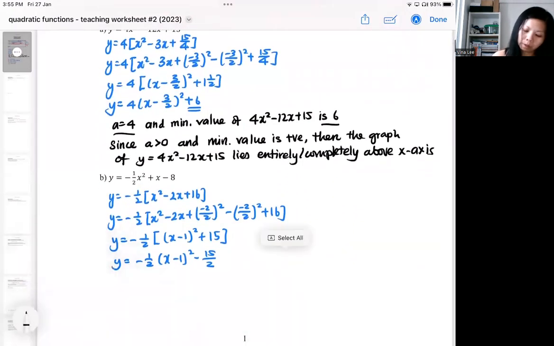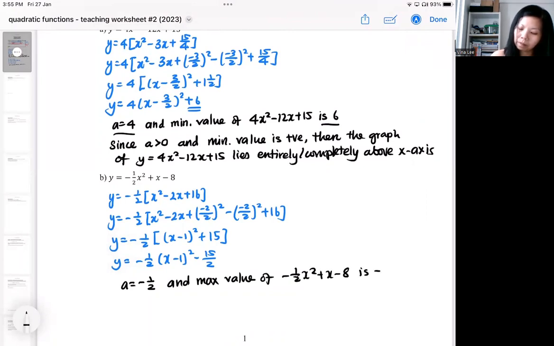Let's talk about your a. a is minus half, and the maximum value of the function is minus 15/2. So we've got a negative a, and the maximum value is also negative.